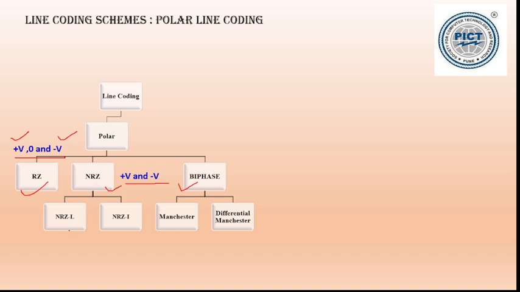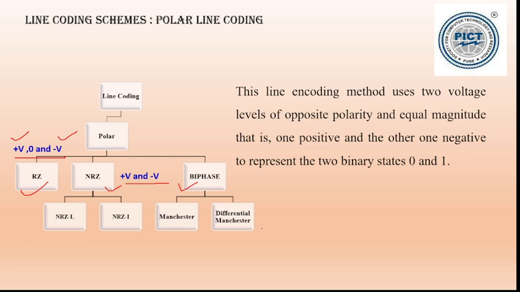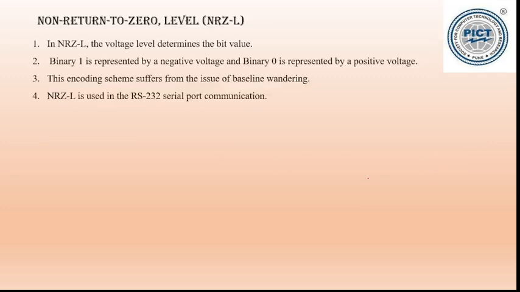NRZ is having two types, non-return to 0 level and non-return to 0 inversion, and biphase has Manchester and differential Manchester. So this line coding method uses two voltage levels of opposite polarity and equal magnitude, plus V and minus V, that is one positive and another negative, to represent the two binary states, that is 0 and 1. Let us see it one by one.